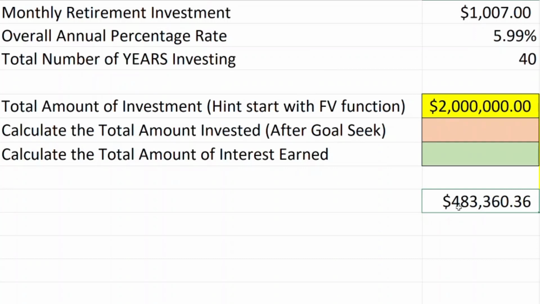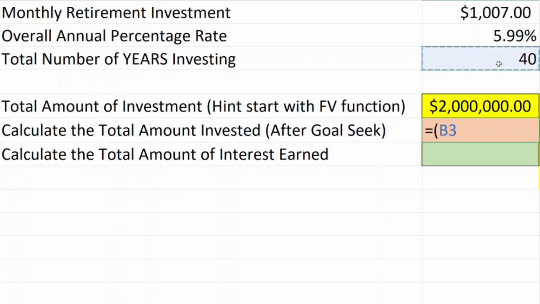I'm going to quickly do that again in the right spot. So we're going to take equals. This is how much we're investing. We're investing for 40 years, 12 months a year, times the new payment. And we're actually investing. See how it's almost the same, really, right? This time, though, we invested $483,000. That's all we invested. We have $2 million at retirement.